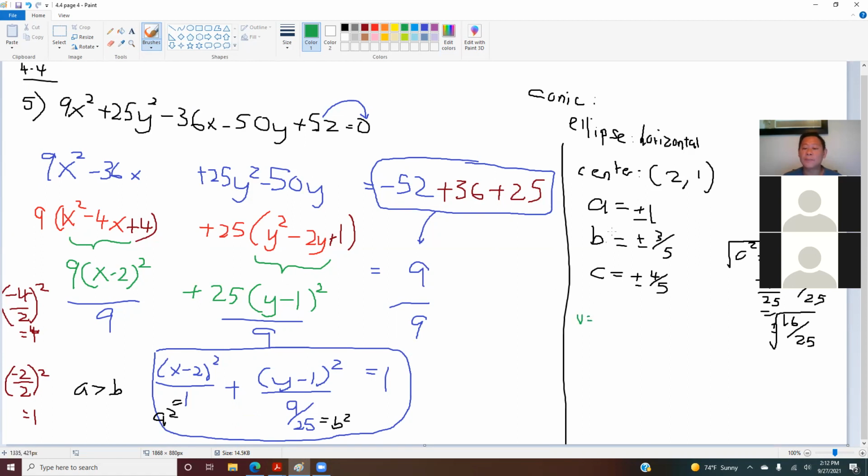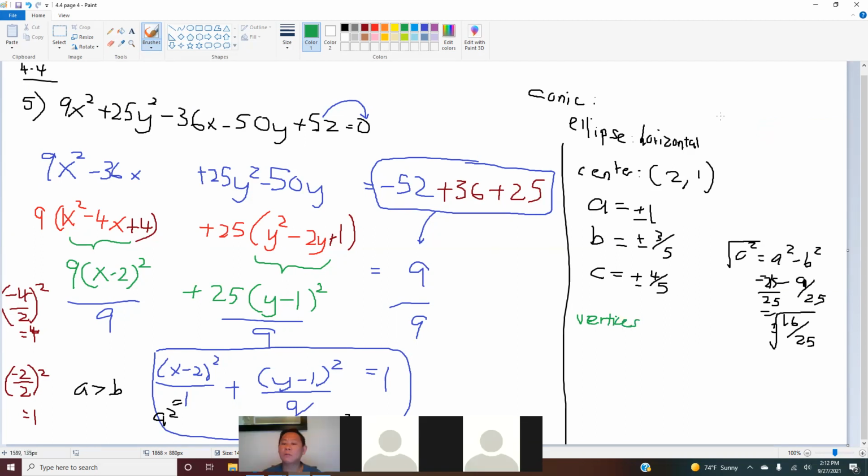So your vertices is based on A. So since you told me it's horizontal, horizontal is where? On the X, on the Y? X. So that means your X value will change based on A. So on the vertices, it's gonna be H plus minus A, K. Okay.